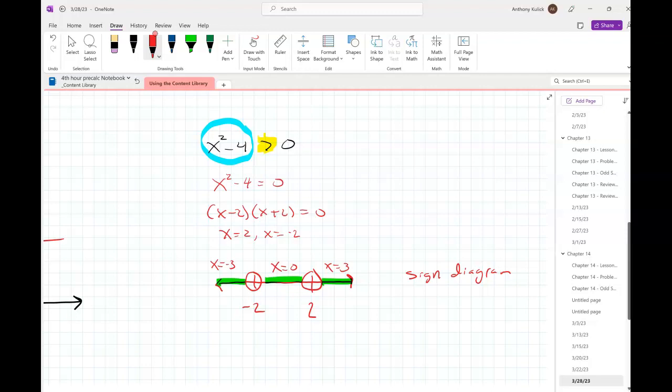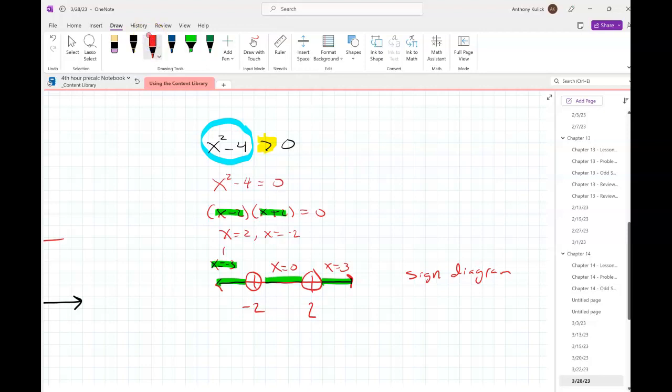What I'm going to do with those is take, say, -3, and plug it in for the x's and see what I get. I don't really care what the number is, I just care whether it's positive or negative. So -3 minus 2 is a negative number, and -3 plus 2 is a negative number, and negative times negative is positive.